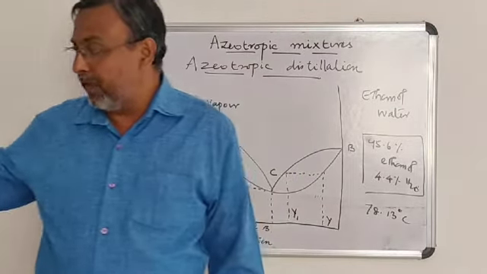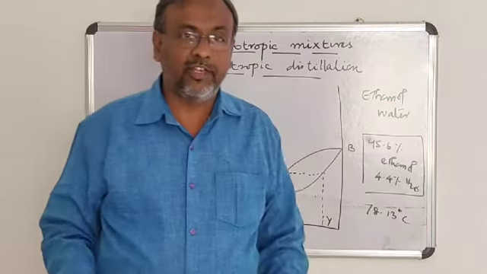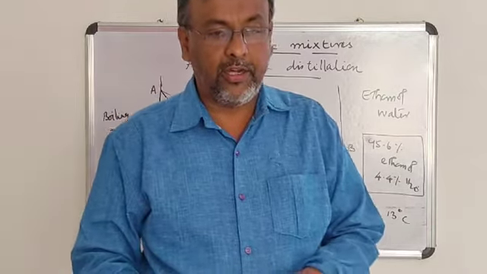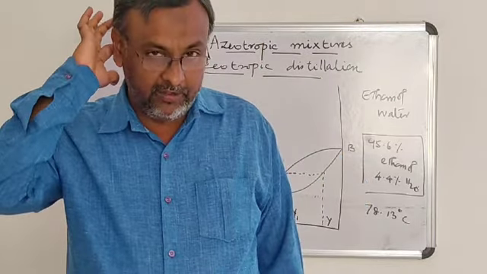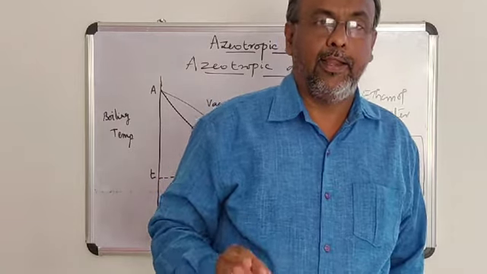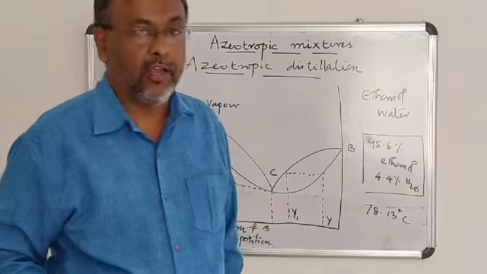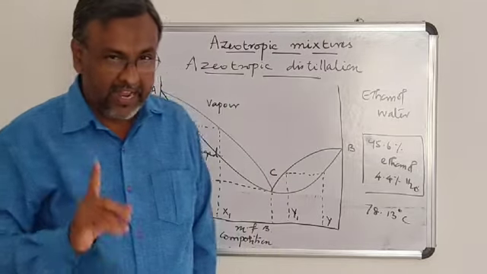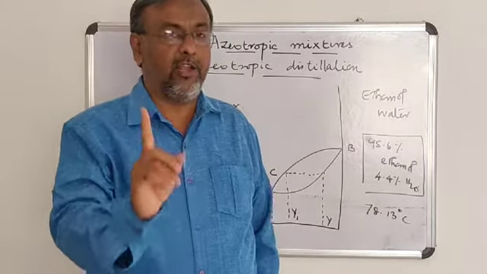So azeotropic means constant boiling mixture. That's the meaning: constant boiling mixture. That means the mixture will boil at a constant temperature without change of composition. Okay, it acts as a pure single liquid.